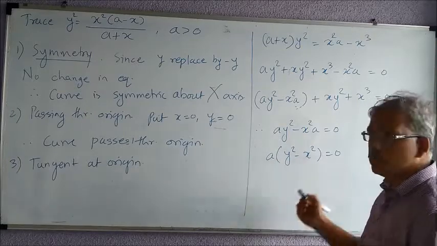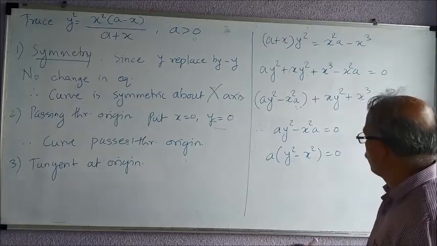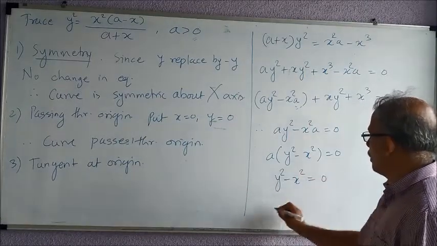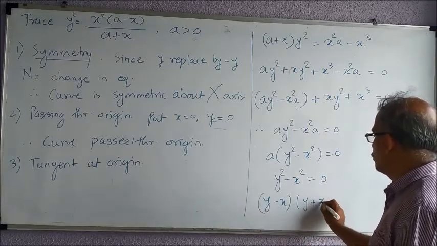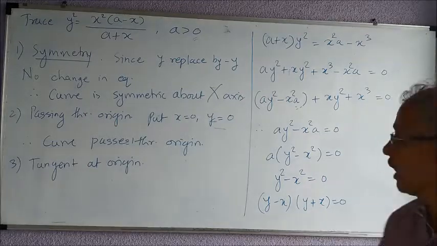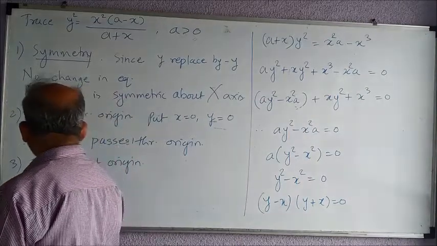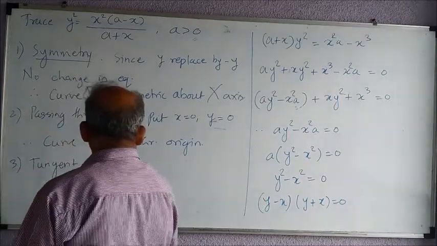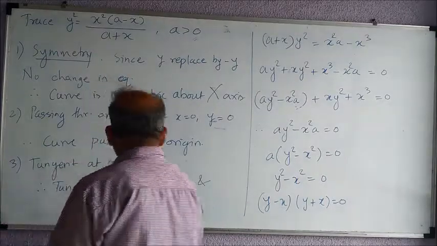So a cannot be 0, it's a positive constant, it is given in the problem itself. So y square minus x square equal to 0, and therefore (y minus x)(y plus x) equal to 0. So this gives me the equation of two tangents. Therefore tangents are y equal to x and y equal to minus x.